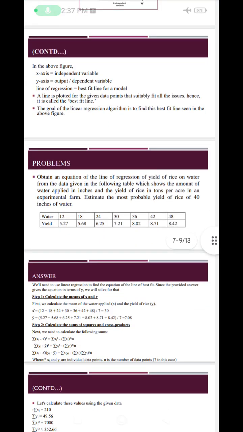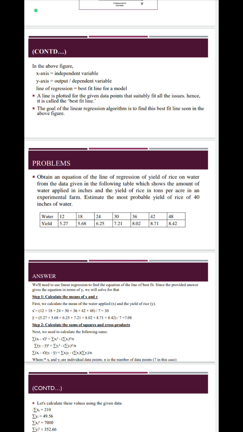Now we have to move on to a question related to this topic. The question is: obtain an equation of the line of regression of yield of rice on water from the data given in the following table, which shows the amount of water applied in inches and the yield of rice in tons per acre in an experimental farm.